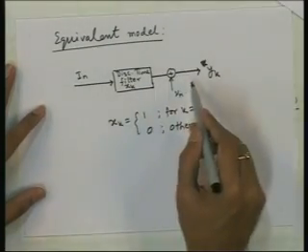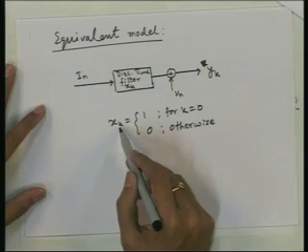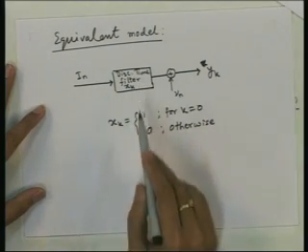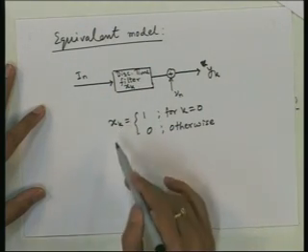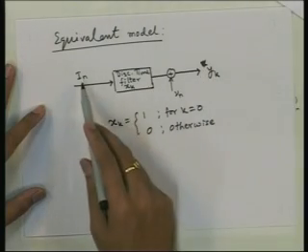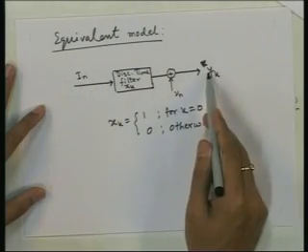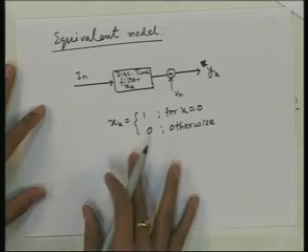So, even if we have some non-ideal filter here having some arbitrary impulse response, how to get this I n sequence back from y k is what we would like to investigate.